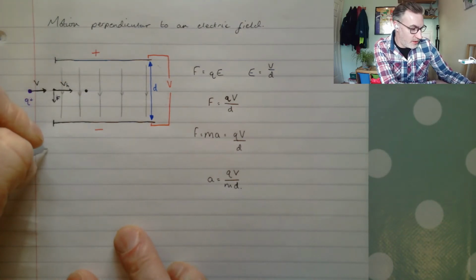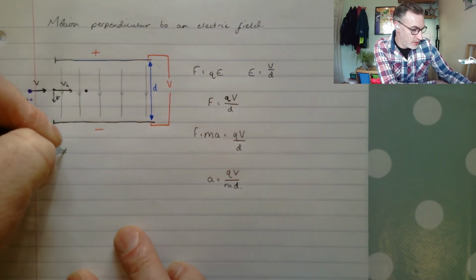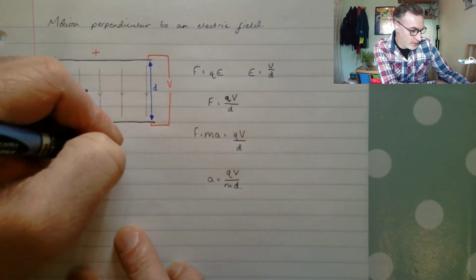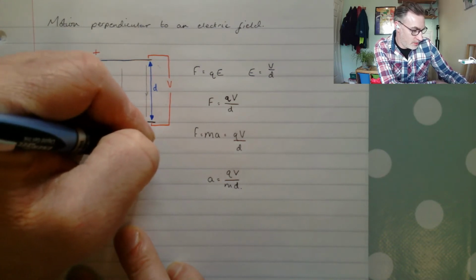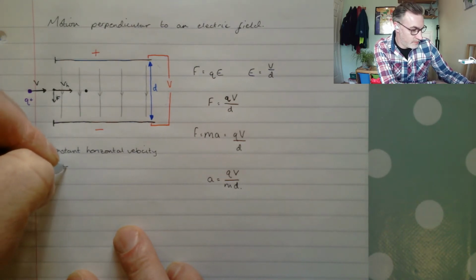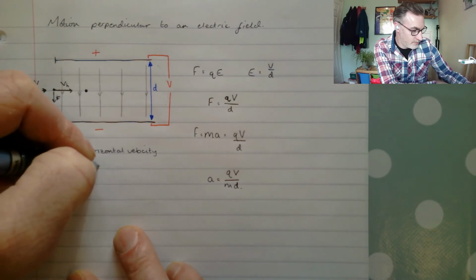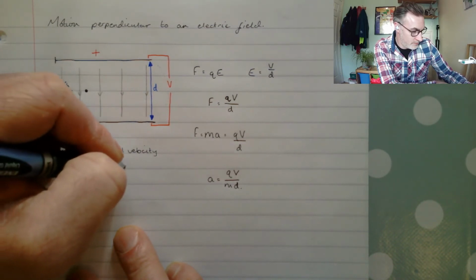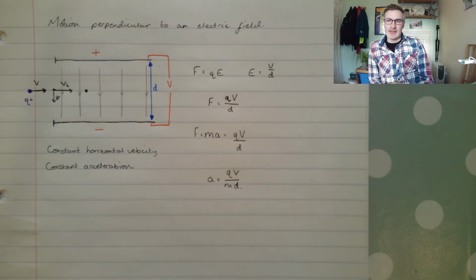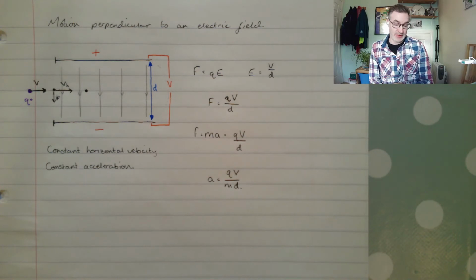So constant horizontal velocity, constant acceleration. Now, if you remember back to particles and waves in Higher, when we were looking at electromagnetic forces and gravitational forces, the gravitational forces are many, many orders of magnitude smaller than electrical forces.